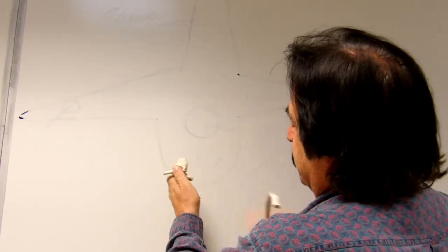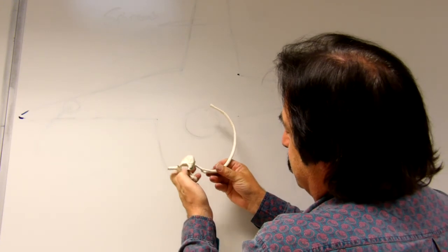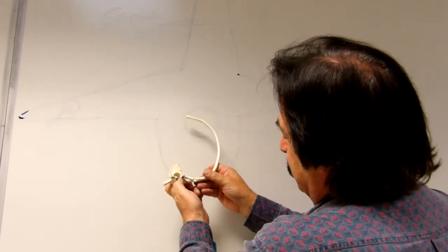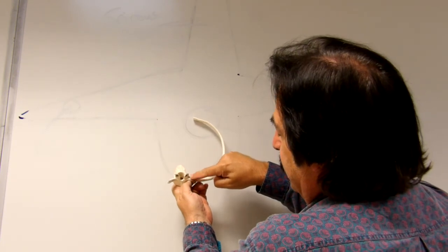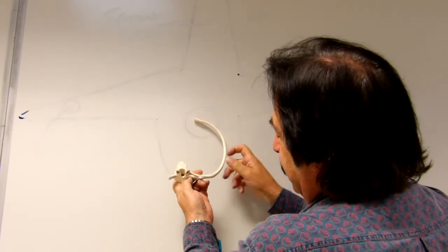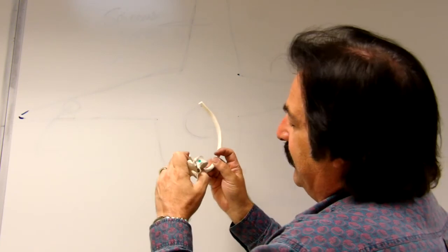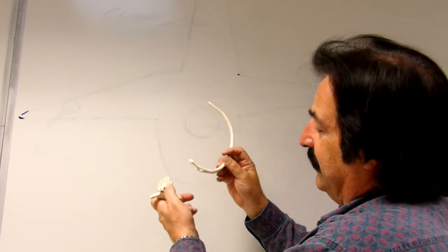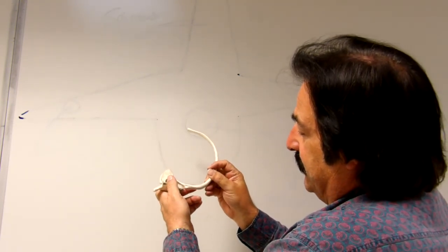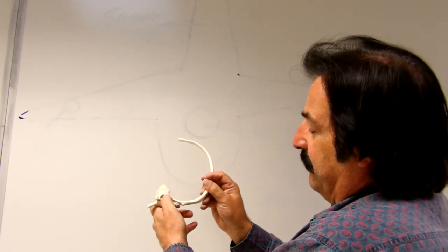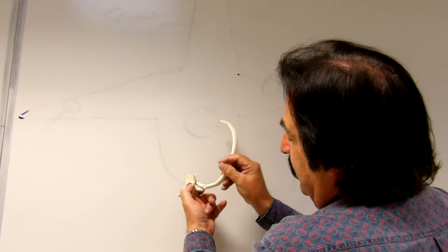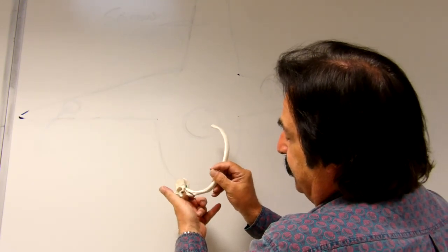I'm going to do it like this so you're looking down. This part of the rib attaches right here. And then right here we just wind a bunch of ligaments right around here. And the head of the rib actually articulates at the side of the body of the thoracic vertebra, and that is what we call a costal facet.